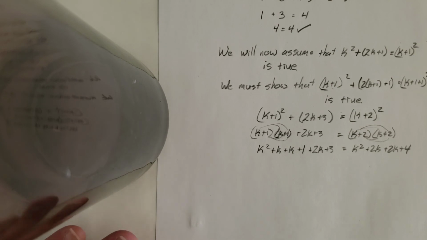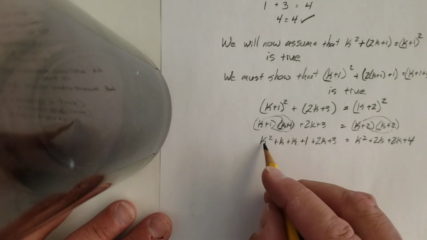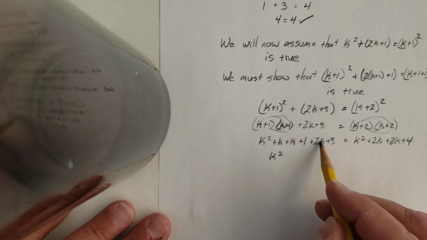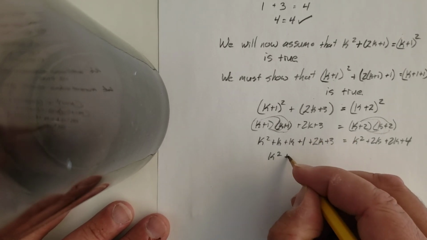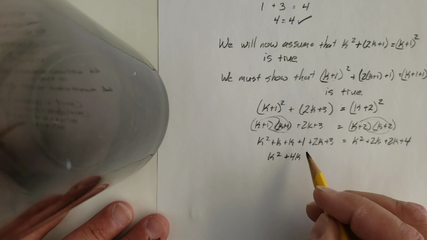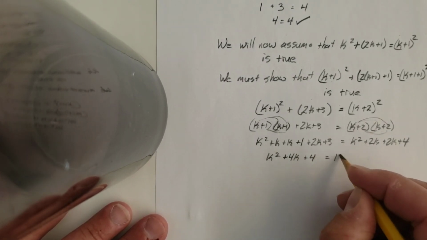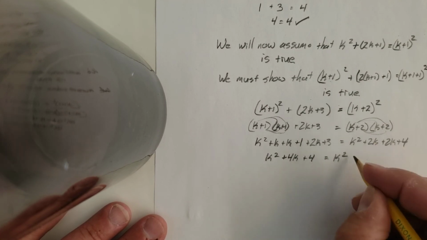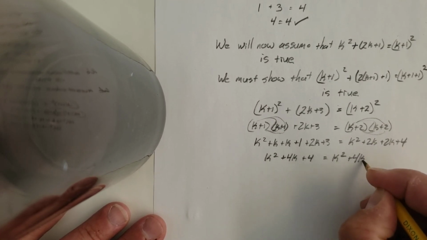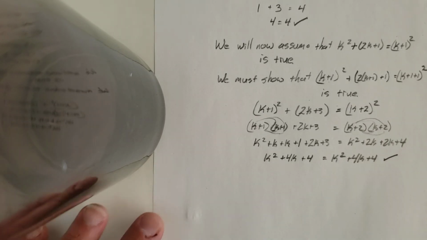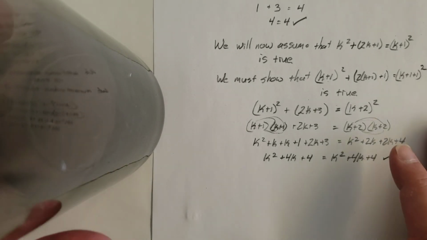Okay? Just expanding your binomials. Combine all my like terms. K squared, 1, 2, and 2 is 4k. 1 and 3 is 4 equals k squared. 2 and 2 is 4k plus 4. And it checks. That's exactly what we're looking for.